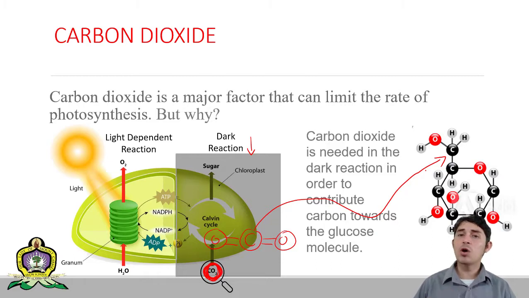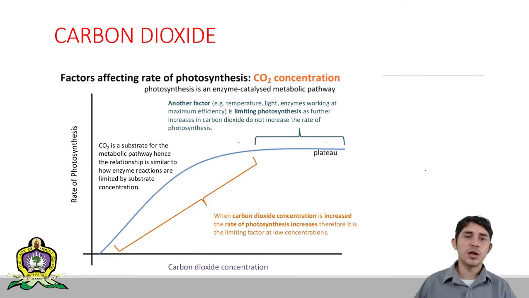If there is no carbon dioxide, photosynthesis decreases, and let me show you the graph for that. Here you're able to see the graph on how carbon dioxide actually limits the rate of photosynthesis.